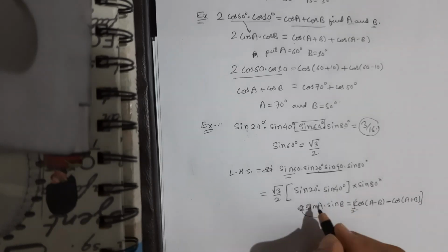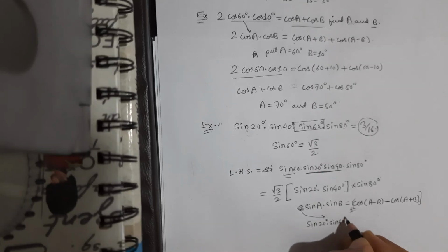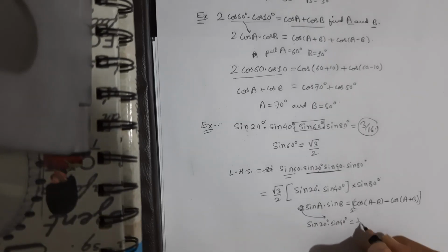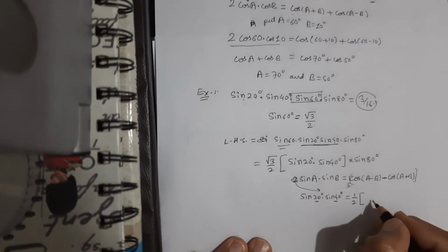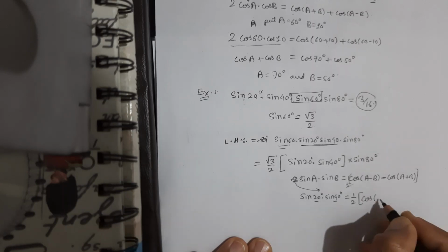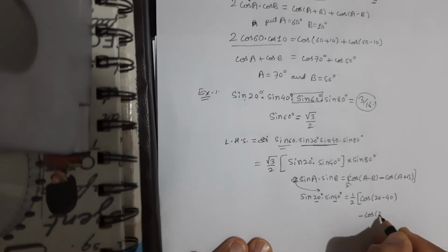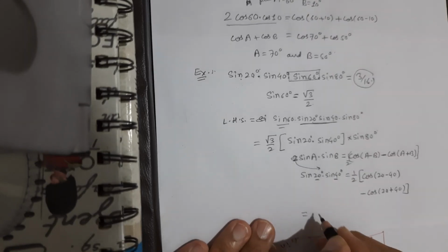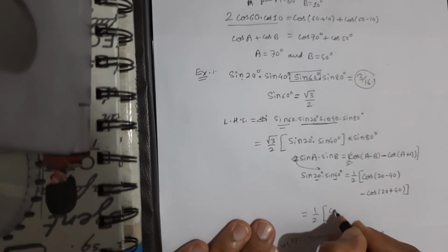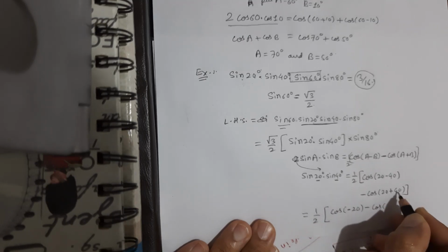Now substituting the value for sine 20 into sine 40 degree, what will I get? 1 by 2 into, replacing A with 20 and B with 40, cos 20 minus 40 minus cos 20 plus 40. Simplifying, 1 by 2 into cos minus 20 minus cos 60.